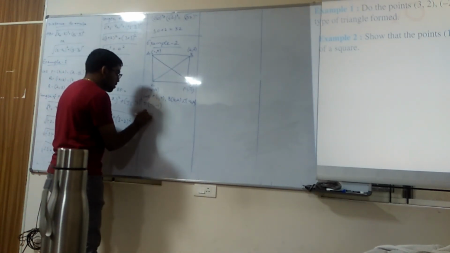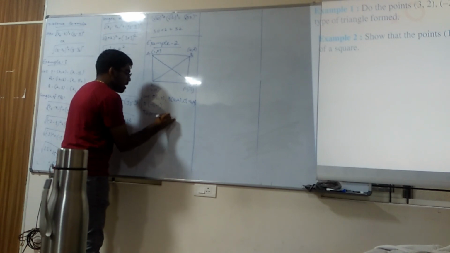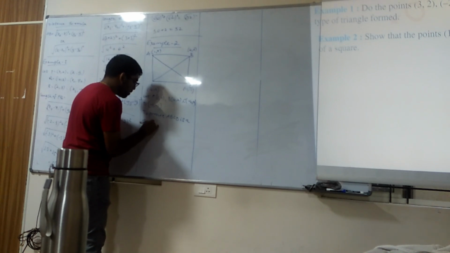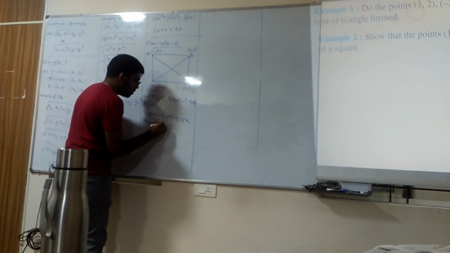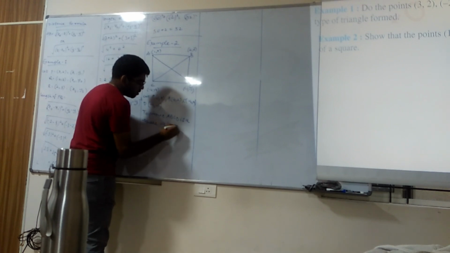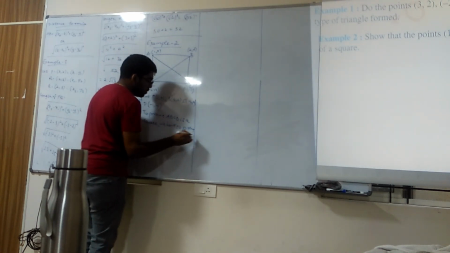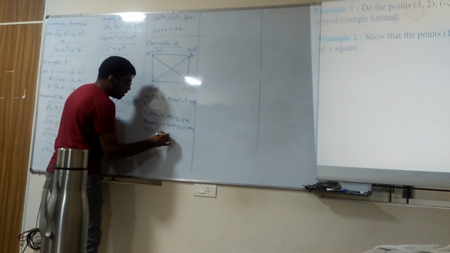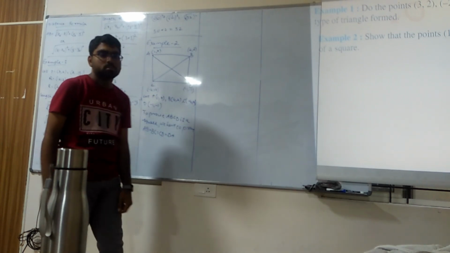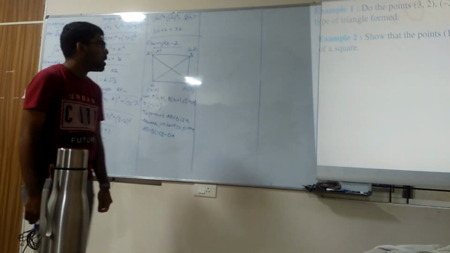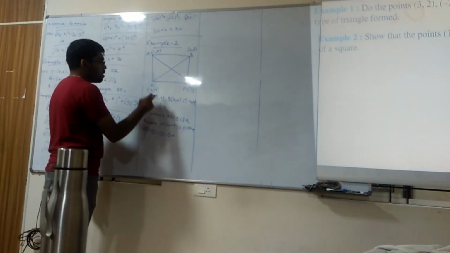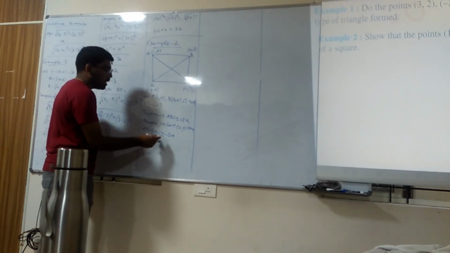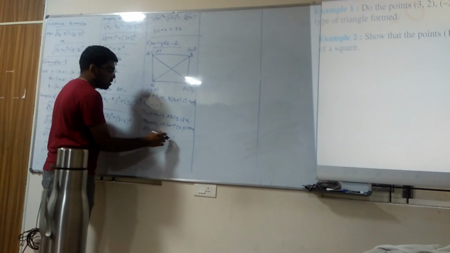To prove what? ABCD is a square. We have to prove AB is equal to BC is equal to CD is equal to DA.